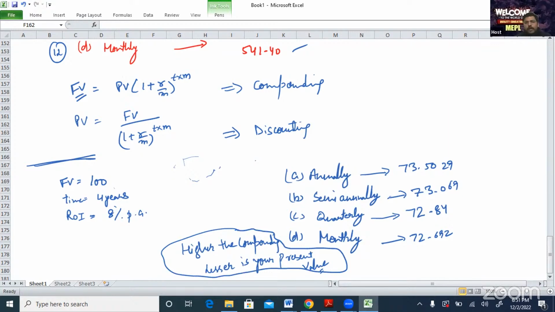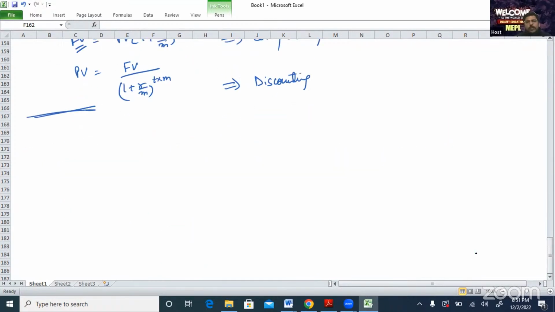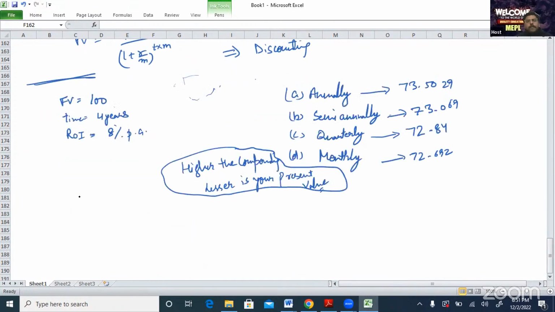So friends, what we have done so far, we have understood the concept of time value of money. Now we know what my present value is and what my future value is. Present and future value of what? You can say one single cash flow, happening either at the starting or at the end of the period we are considering.